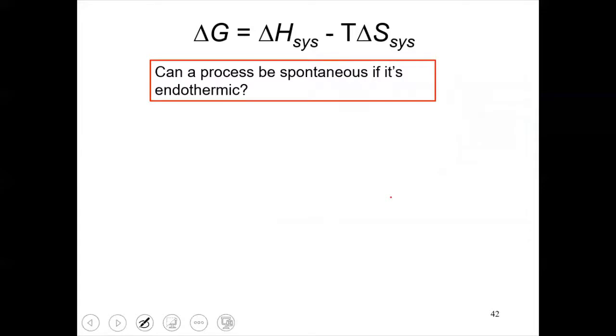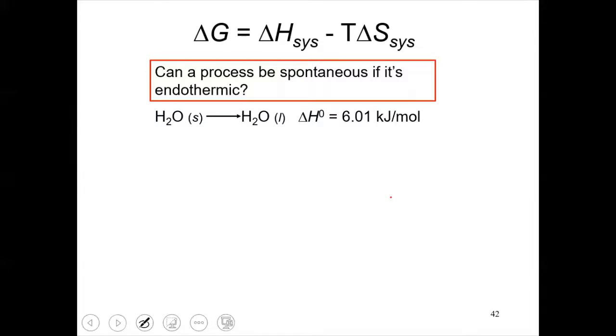Can a process be spontaneous if it's endothermic? Remember that we thought that if the process costs more energy than it yields, and therefore you have a delta H deficit, the process could not be spontaneous. However, we saw that, for example, the melting of ice is endothermic, but at the same time, it's also spontaneous.